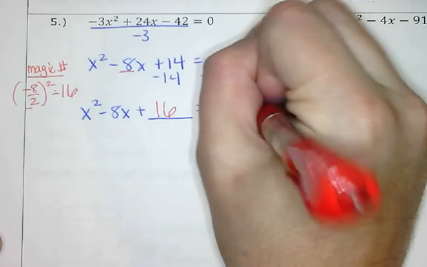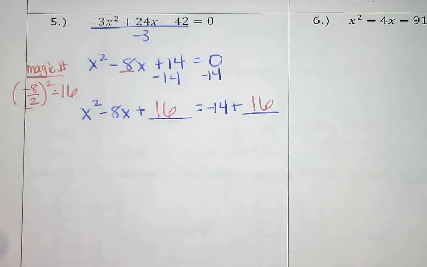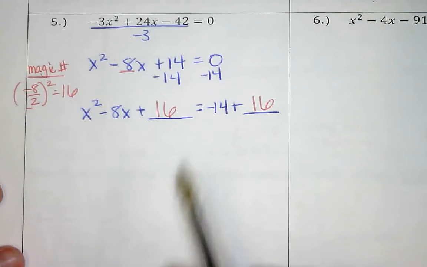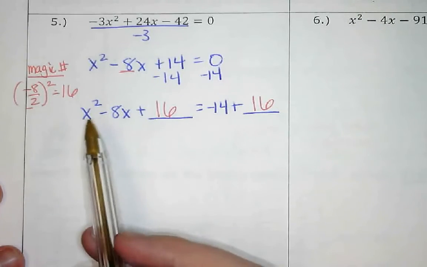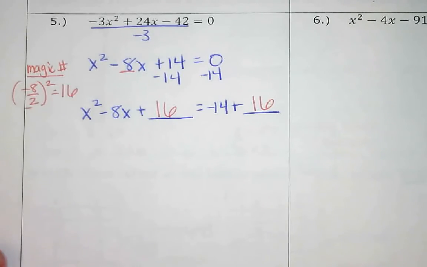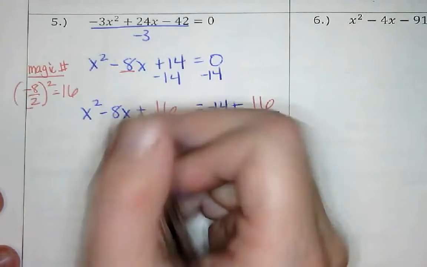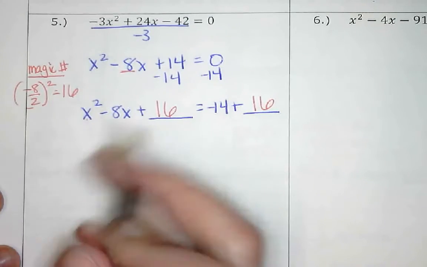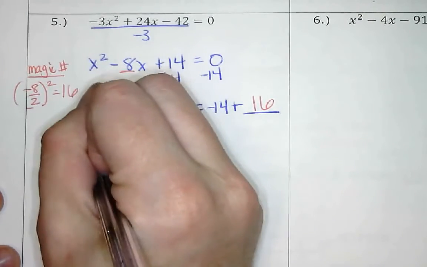Now, if we factor our perfect square trinomial, what is it going to be? The square root of x squared is just x. What's the square root of 16? 4. Is it plus 4 or minus 4?